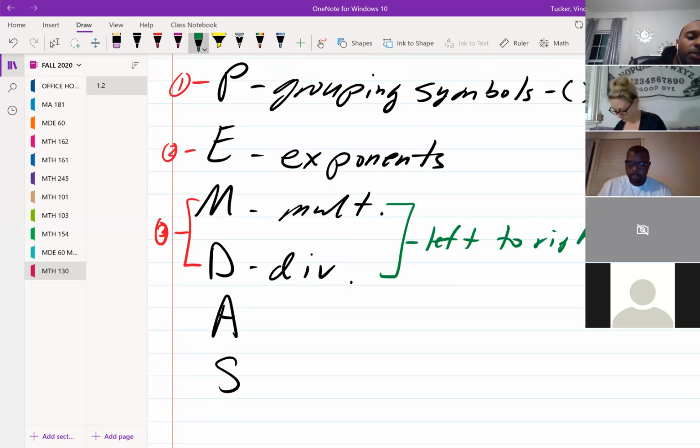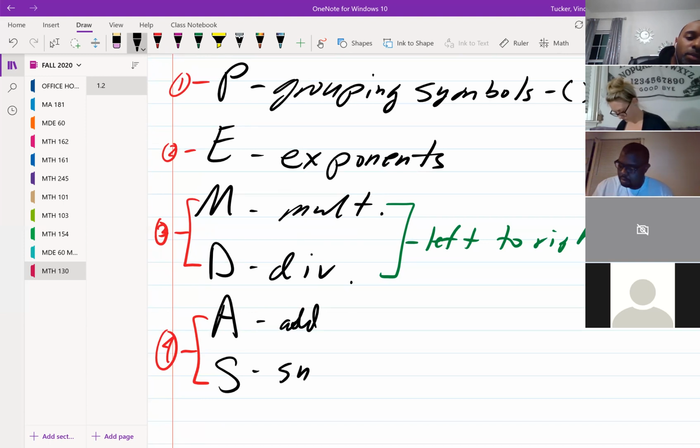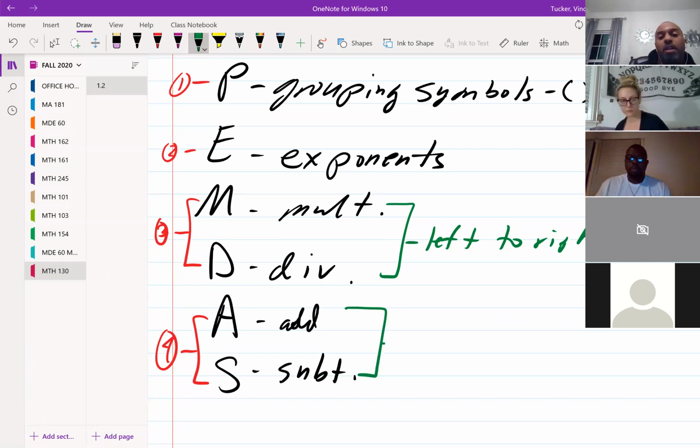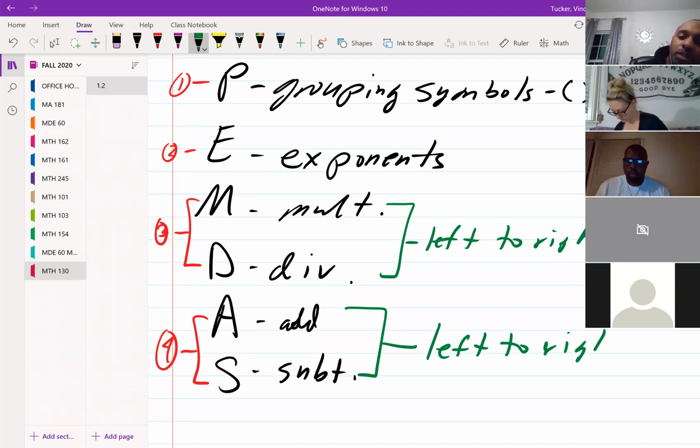Same thing with addition and subtraction. Even though multiplication comes before division in the order of PEMDAS, it does not take precedence over division. You would actually do it from left to right. So there are only 4 tiers of operations.